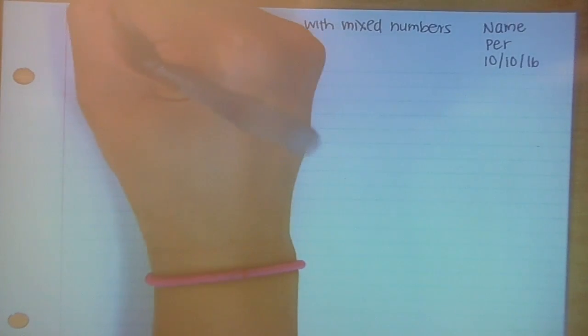All right, let's start with our Cornell notes. Write your name, period, and date. Our objective is students will be able to evaluate an expression with mixed numbers by adding and subtracting fractions.